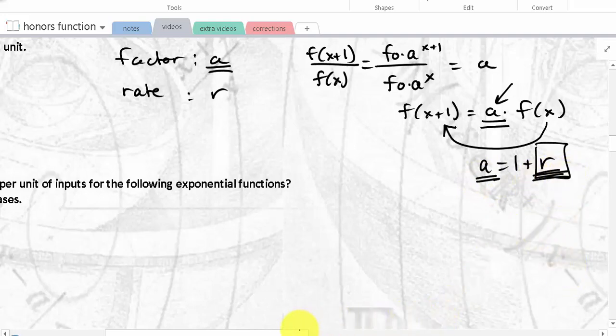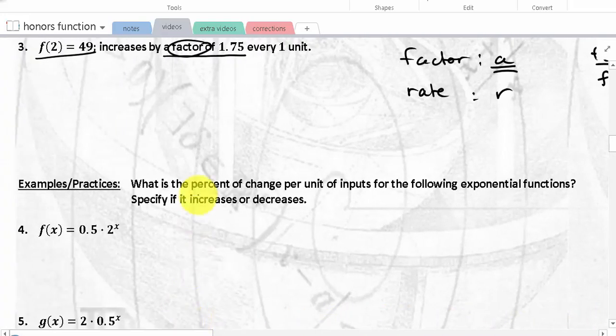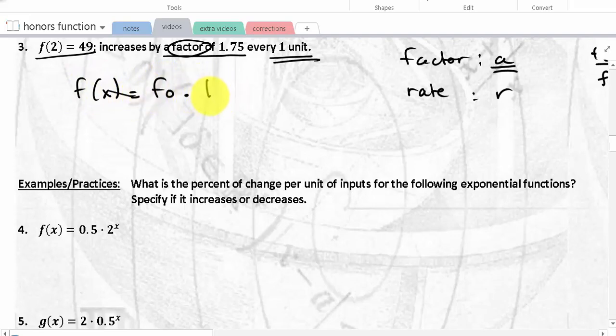All right, so let's go back to our question. Here, f of 2 equals 49, and it increases by a factor of 1.75 every 1 unit. So what can I write? I can write f of x equals, I don't know f0, right? f0 times 1.75, that's my a, to the x, every 1 unit.